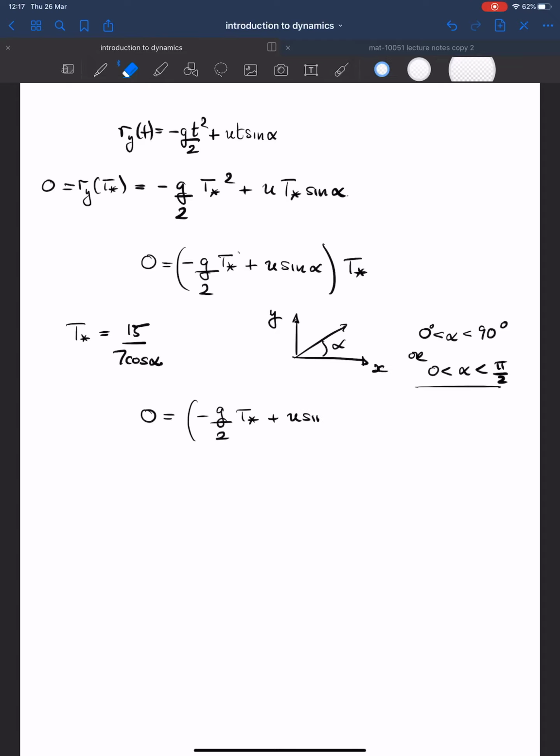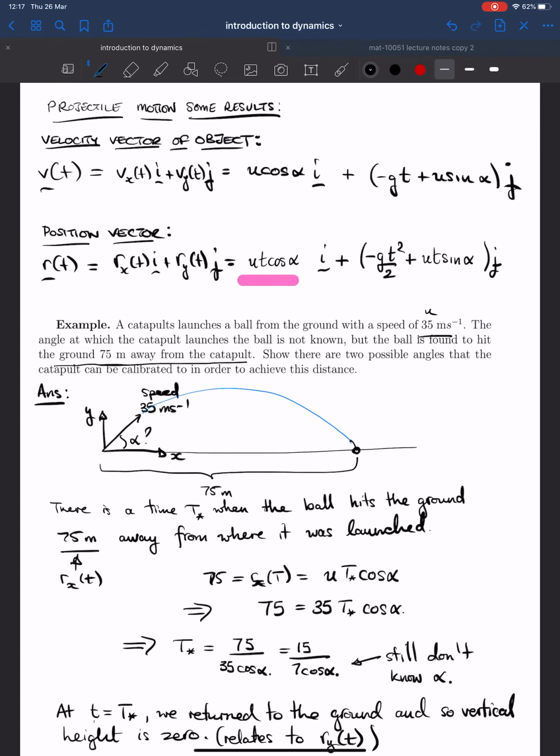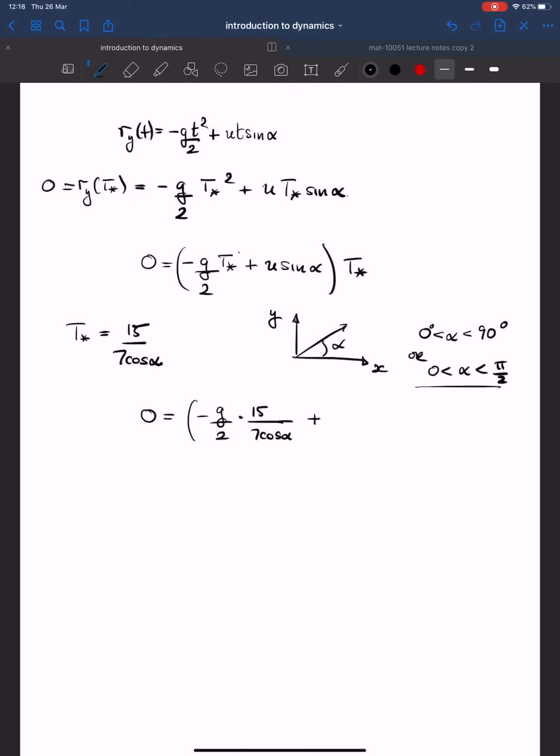I promised I'd substitute in some values, so what we have is multiplied by 15 over 7 cos alpha plus, now initial velocity was, just to remind myself, 35 sine alpha. And then on the outside we have 15 over 7 cos alpha.